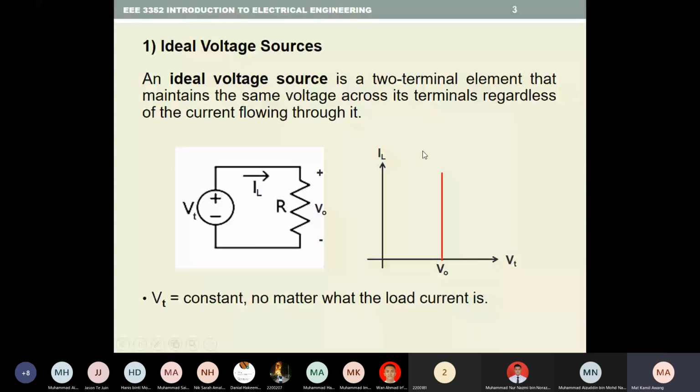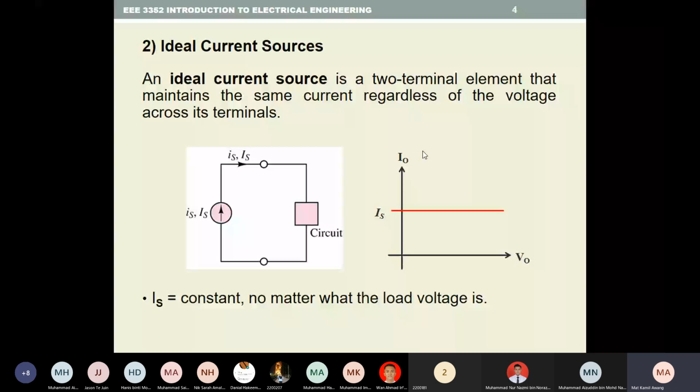Another one is an ideal current source. An ideal current source is also a two-terminal element that maintains the same current. If a voltage source maintains the same voltage, an ideal current source maintains the same current regardless of the voltage across its terminals. The symbol of an ideal current source is a circle with an arrow inside.